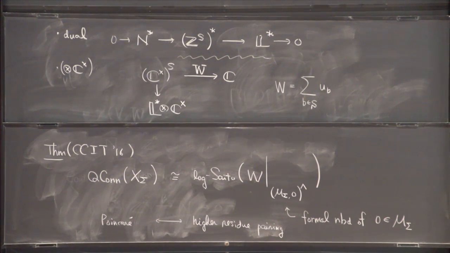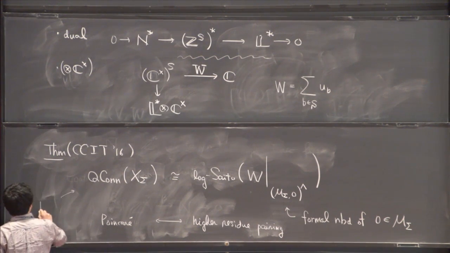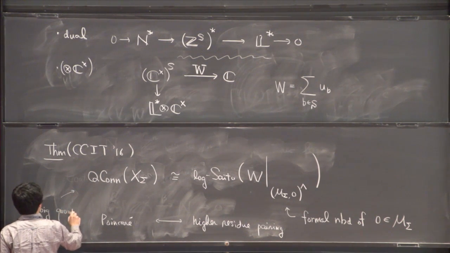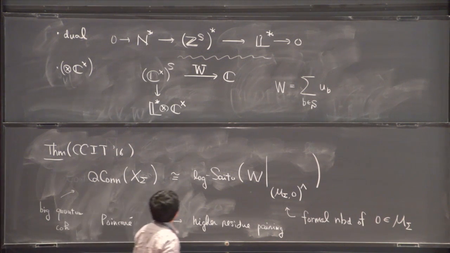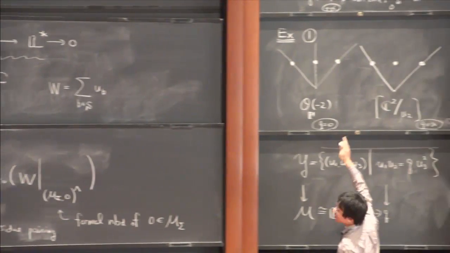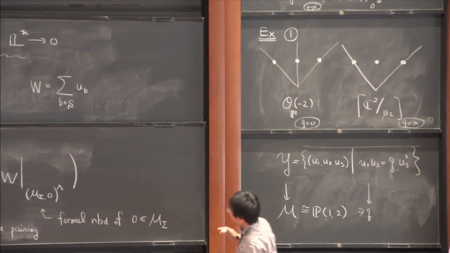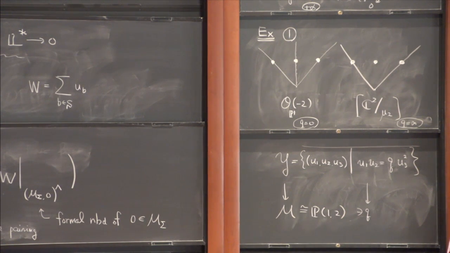And actually this is for big quantum cohomology, not just small. Our construction depends on the size of S. S has to contain sigma 1, but S could be very big, and if you make S very big, this gives you the big quantum cohomology.